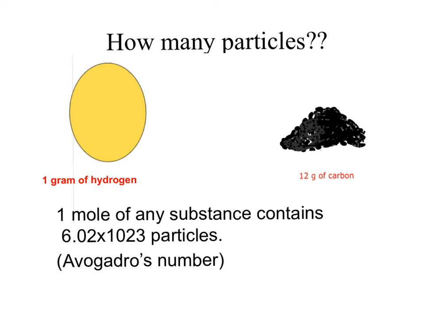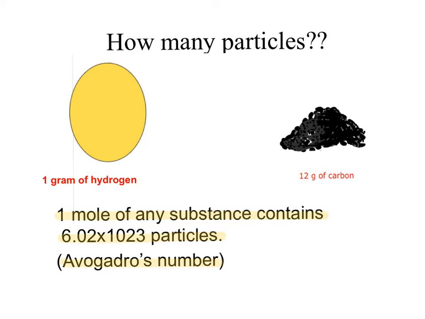Now, why don't we just talk about the number of particles rather than having to introduce this mole? And the simple reason is because the number of particles is absolutely huge. 1 mole of any substance contains 6.02 times 10 to the power of 23 particles. And this is called the Avogadro number. And you'll be glad to hear that we don't need to remember that number.